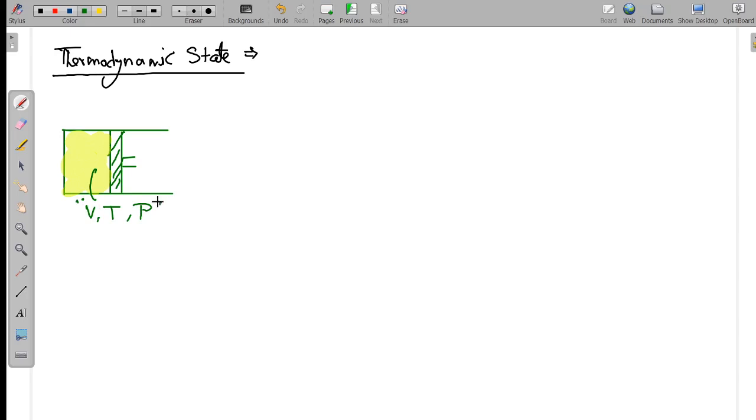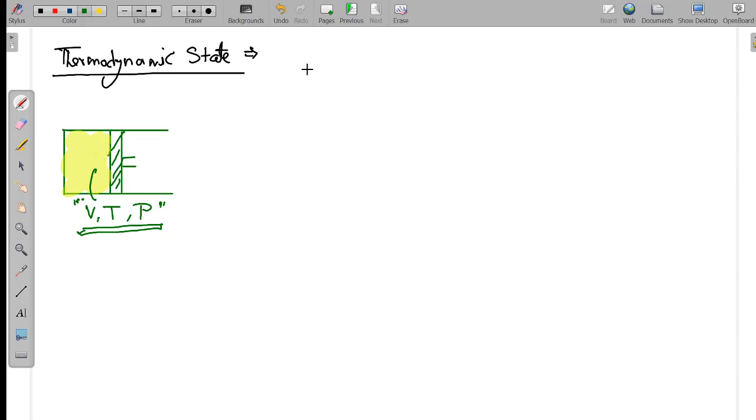So the state where this system is right now, or the condition in which this system is right now, can be defined with the help of these properties. So that condition is called the thermodynamic state of that system.